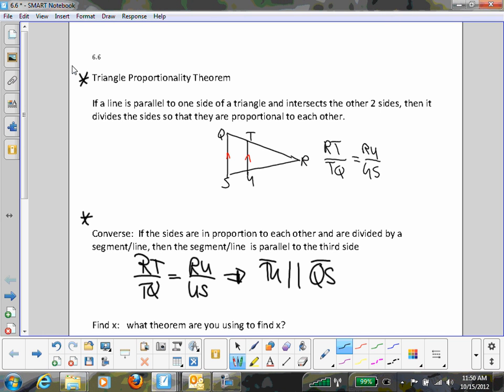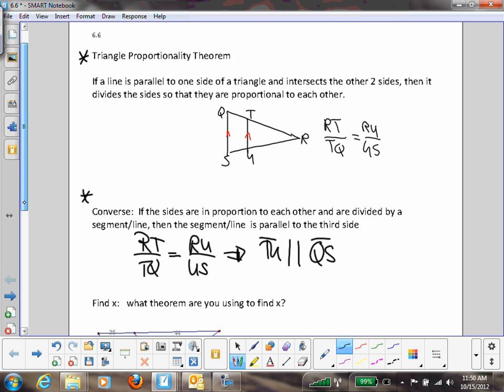Does that make sense? So one says they're parallel, therefore my side lengths are proportional to each other. The other one says my side lengths are proportional to each other, therefore my segments are parallel to each other. Okay?